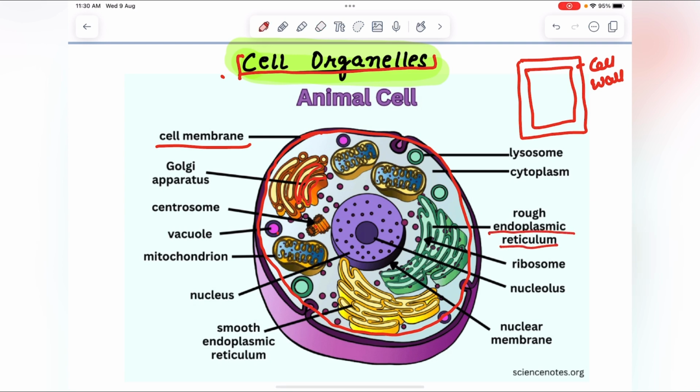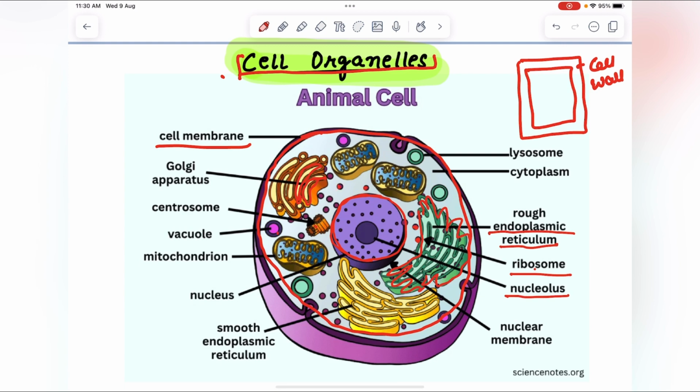endoplasmic reticulum, ribosomes, nucleus. This is the nucleus and the outer membrane is called the nuclear membrane. This is the endoplasmic reticulum. Ribosomes, these are ribosomes.